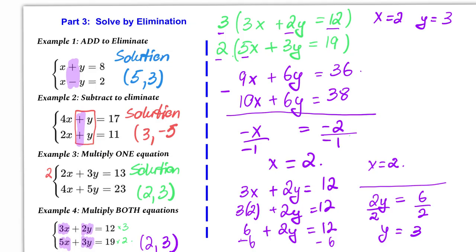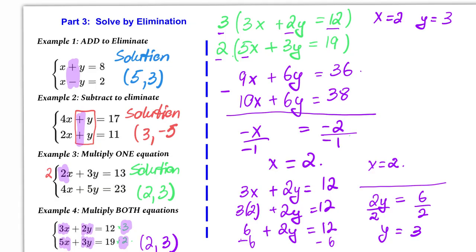As you remember, we multiplied the whole equation by 2 in order to eliminate the x's. And on our fourth example, we multiplied both equations, the first one by 3 and the second one by 2. After we did this multiplication, we had to decide, do we add to eliminate or subtract to eliminate? And these steps are very easy to remember.